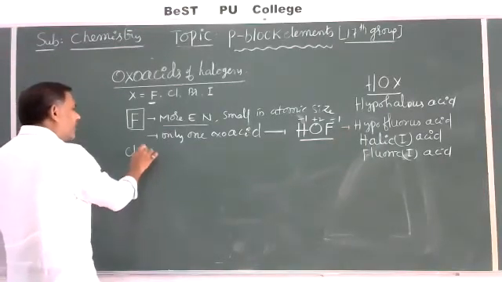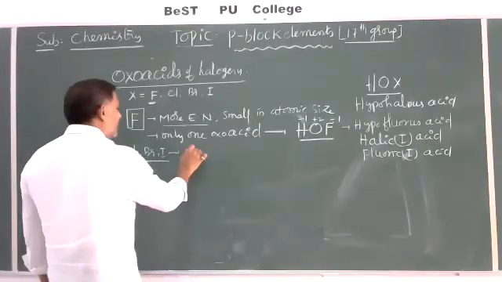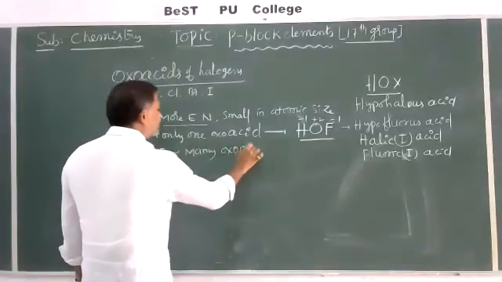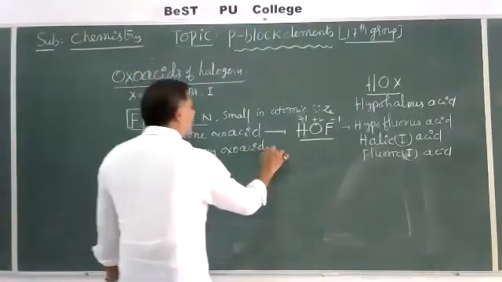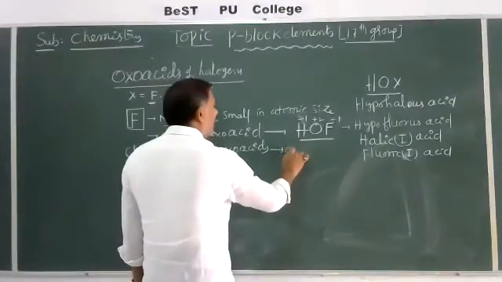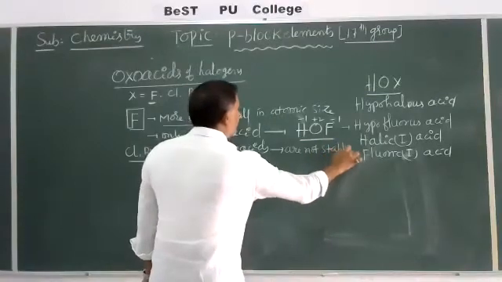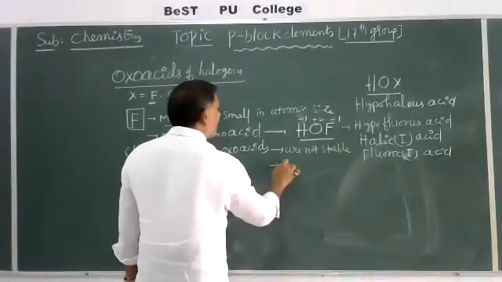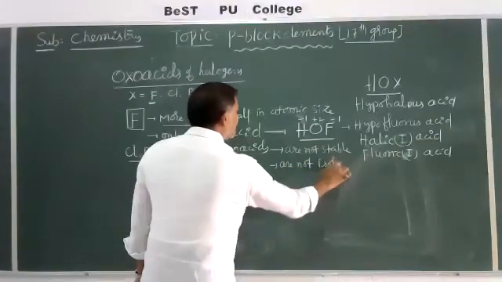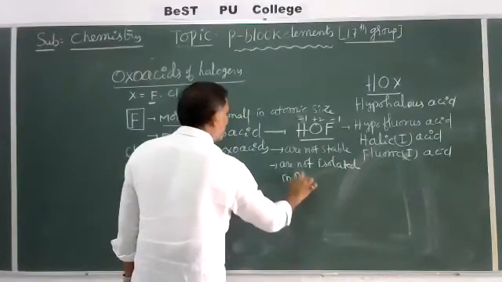Chlorine, bromine and iodine form many oxo acids. These oxo acids are not stable and are not isolated in pure state.